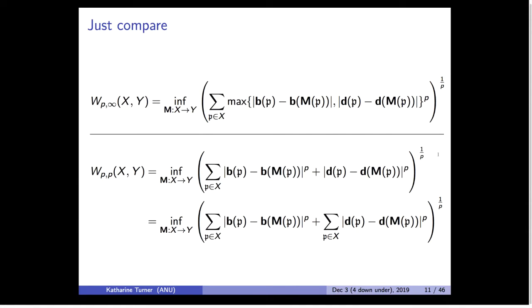Kate, can I ask a question here? Yes. So you're comparing p equals infinity to q equals p, but if you were looking at the p, q case, this max and this infimum would have q-th powers and then a q-th root out front, and it looks even worse when you take q to be neither p nor infinity.